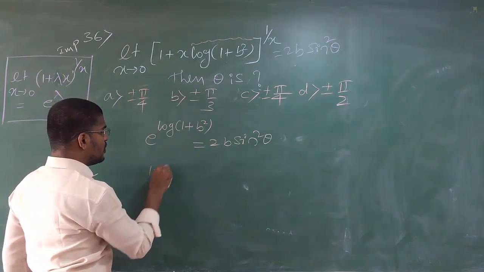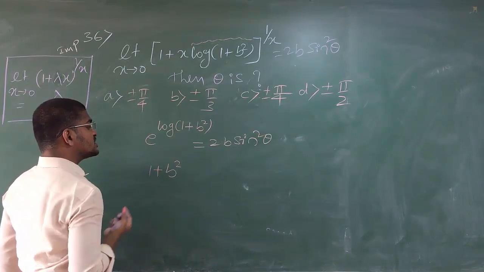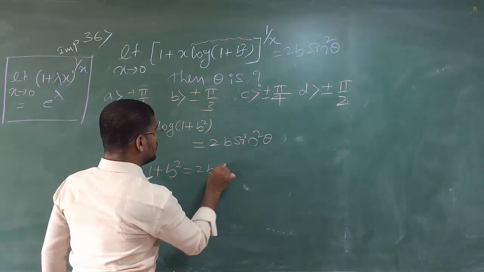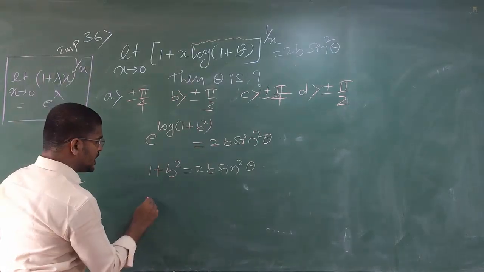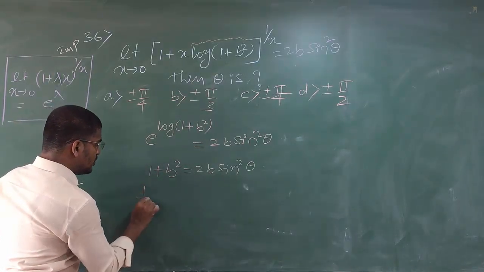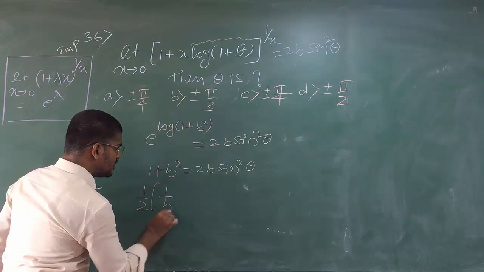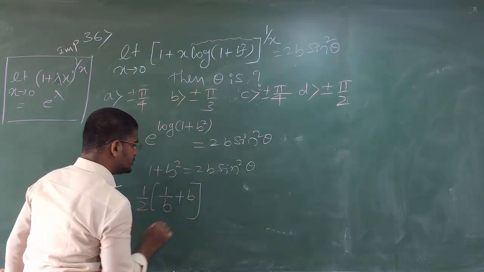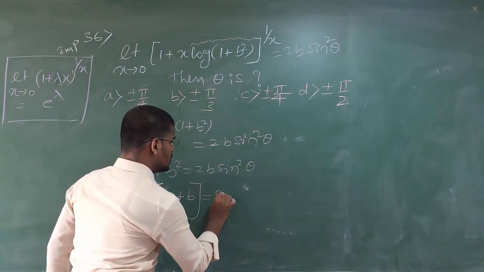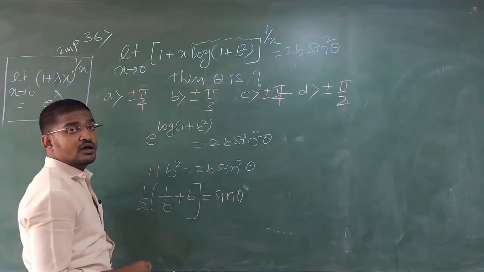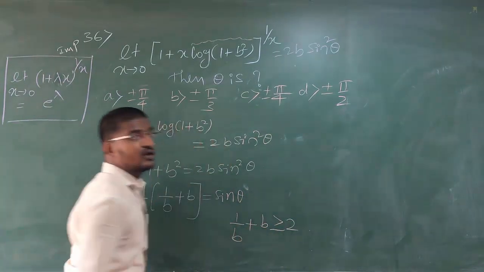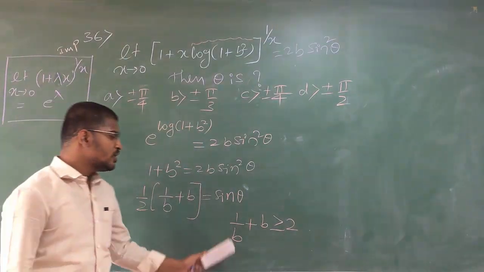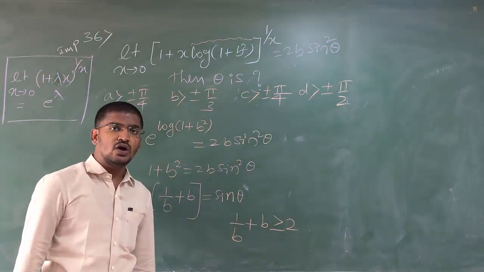You are going to have 1 plus b square equal to 2b sin square theta. Take 2b on this side, it will be 1 by 2 into (1 by b plus b) equal to sin theta. 1 by b plus b will always be greater than or equal to 2.